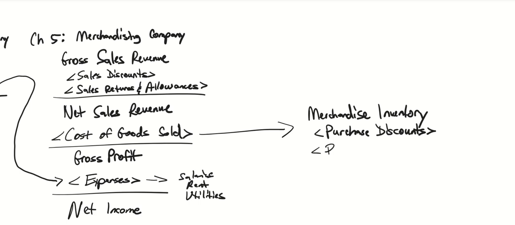Then you have what is called purchase returns. So if you return that item that you initially acquired, that's going to adjust your merchandise inventory account. And then purchase allowances, which also affect your inventory account.